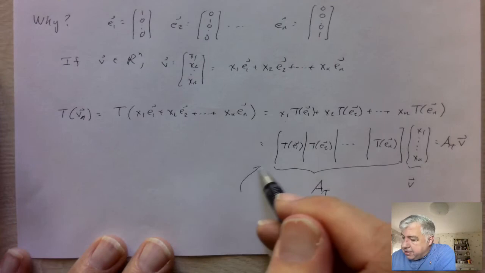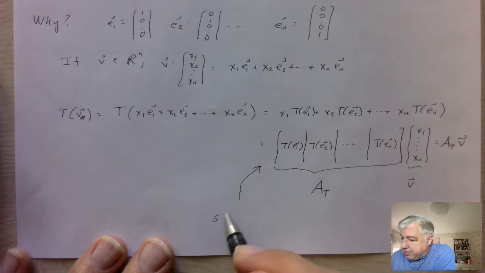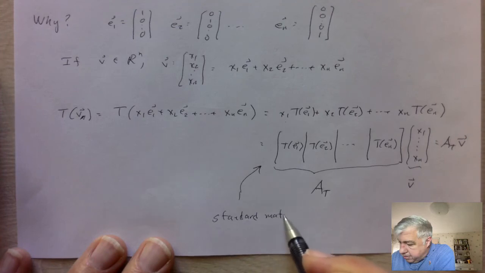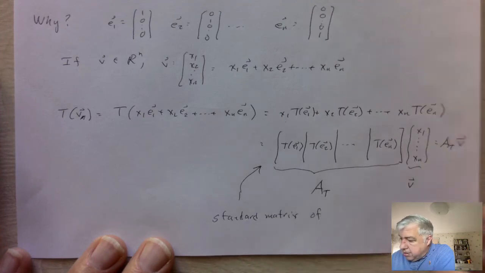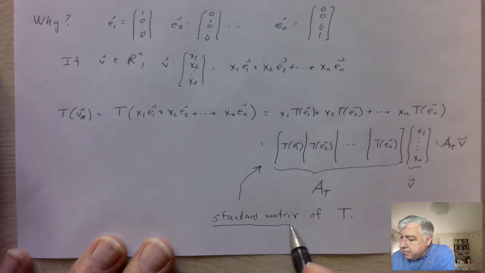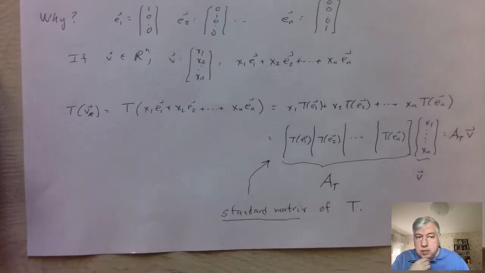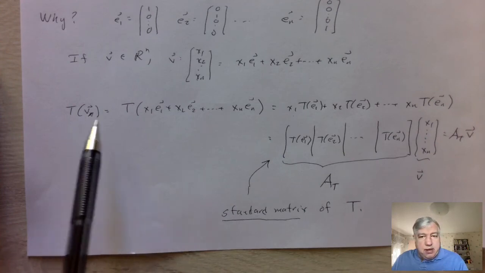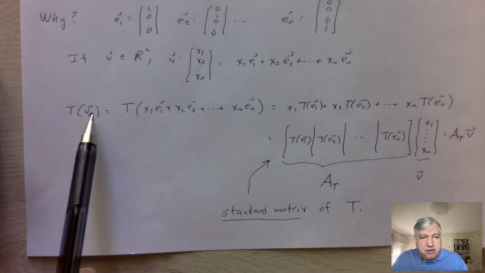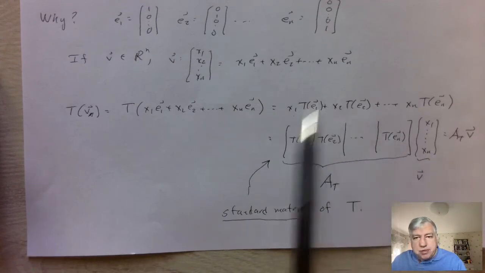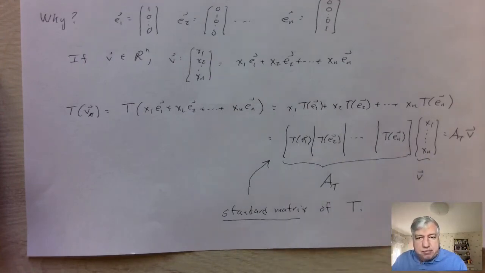This is called the standard matrix of T. So T of v can be expressed as A_T times v. If you use this formula for the standard matrix, you just have to compute it column by column.